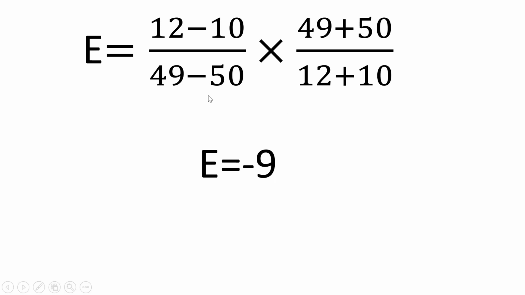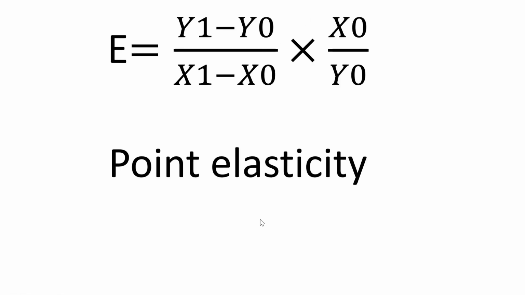Alright, so we have seen 3 ways of calculating elasticity. Let's move on to the 4th method. We will start with the point elasticity formula. Now, when we observe this side, if we are to have a graph with y on the vertical axis and x on the horizontal axis, and that graph is a straight line, then the expression at the left side here is the slope of that graph.